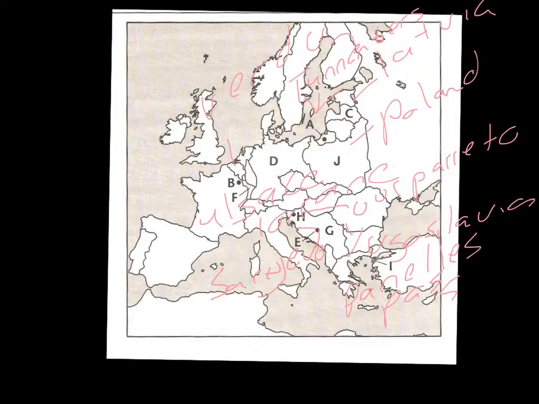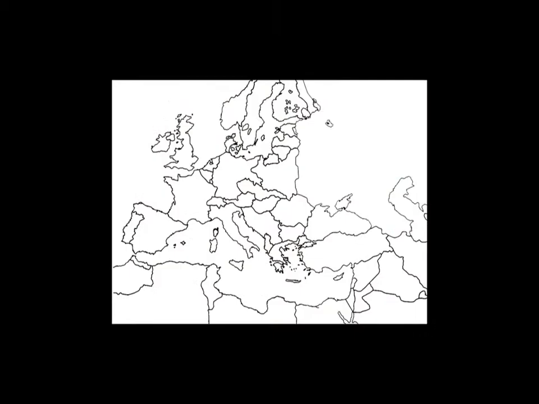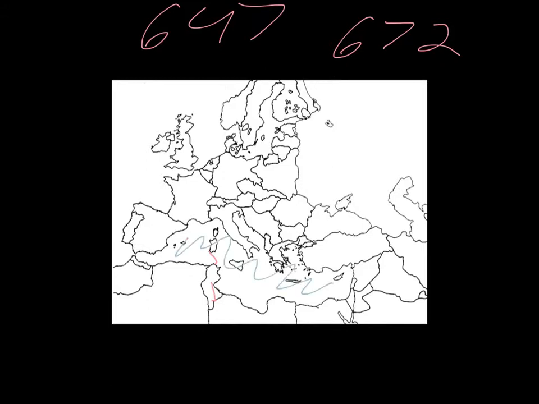So let's go to the map. I'm going to give you this blank one, and you can label whatever you want here. Again, use pages 647 and 672 as a reference if you need to. Just remember, this is the Mediterranean, Black Sea, Caspian Sea.